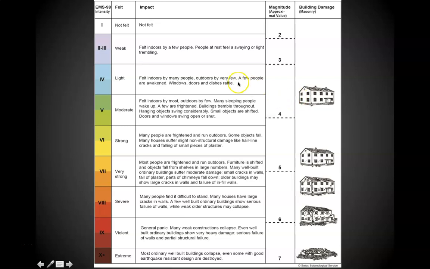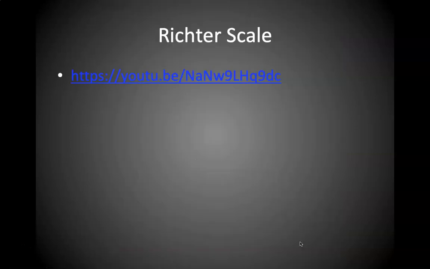You may not even feel it. As a 1, 2 to 3, we get a lot of 3s and 4s here in Kansas. But then once you start to get up to 5, 6, and 7, there can be extreme danger that takes place, and above that. Here's a link if you want to go check it out, explaining a little bit more about the Richter scale.